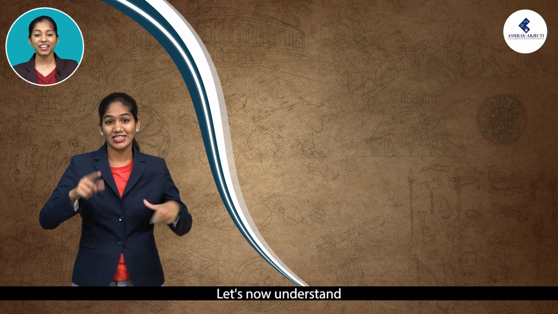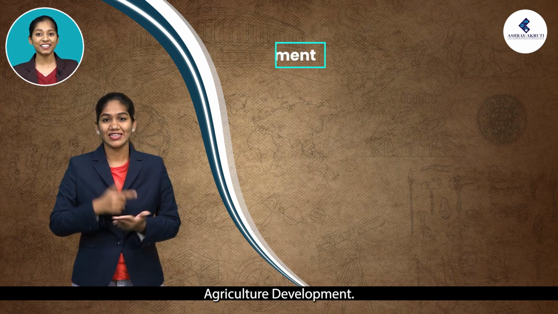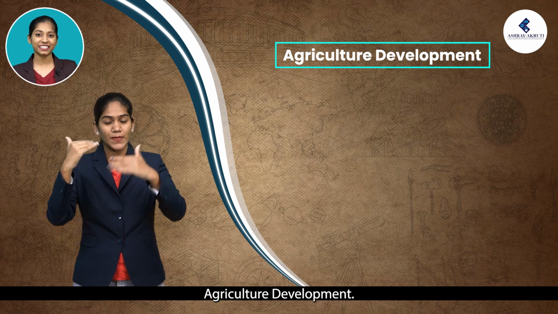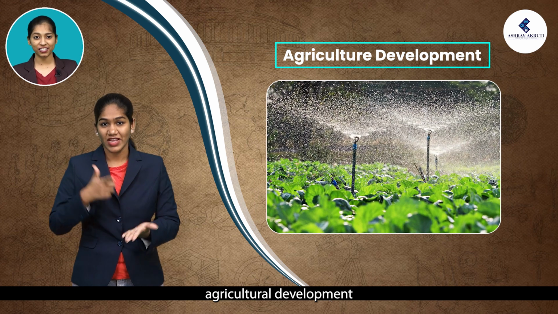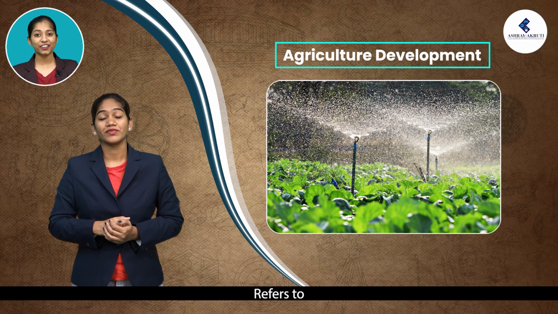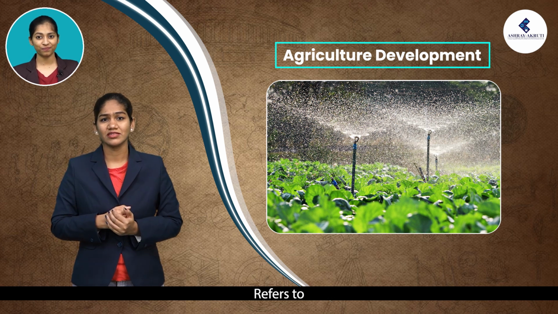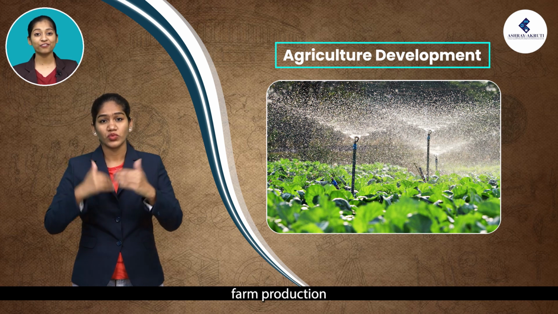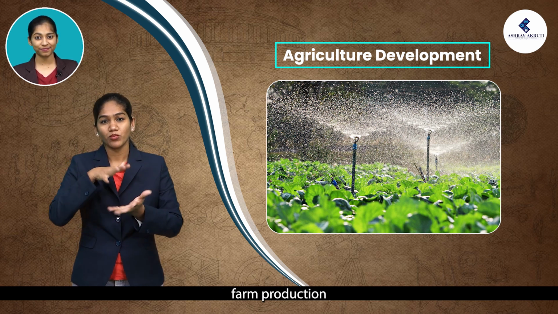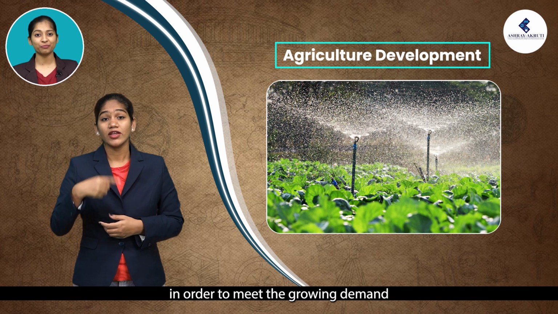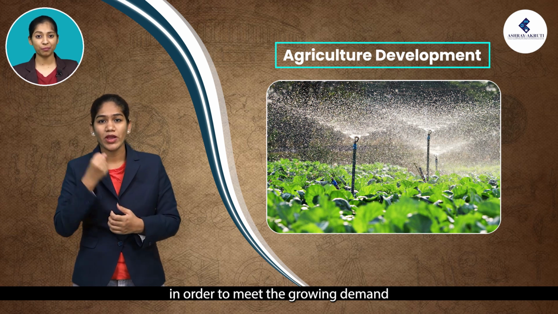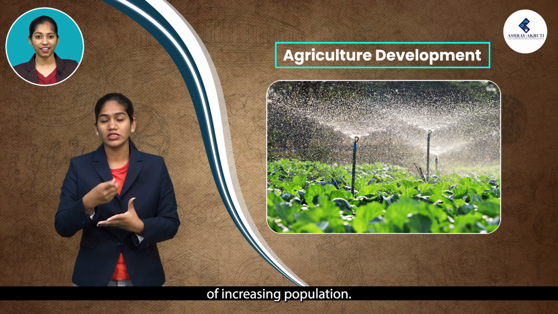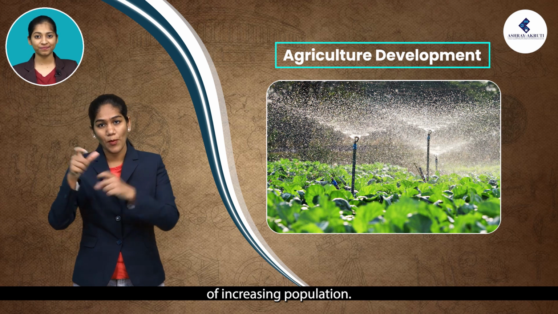Let's now understand agriculture development. Agricultural development refers to efforts made to increase farm production in order to meet the growing demand of increasing population.